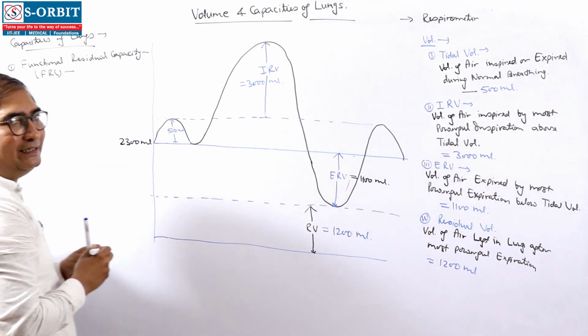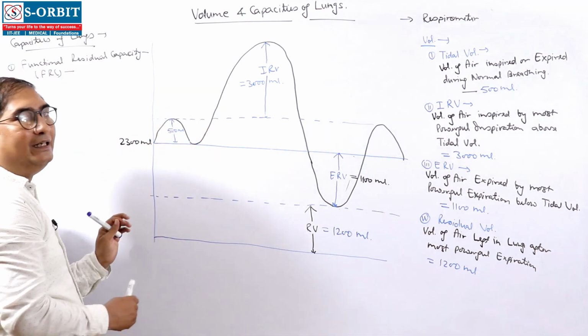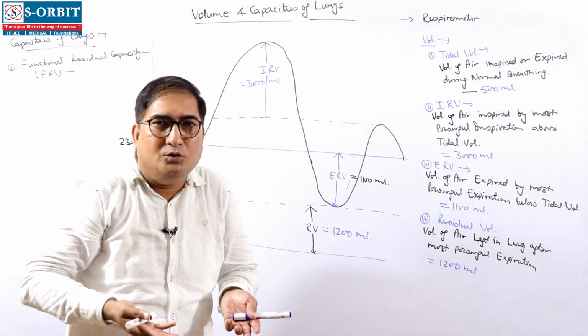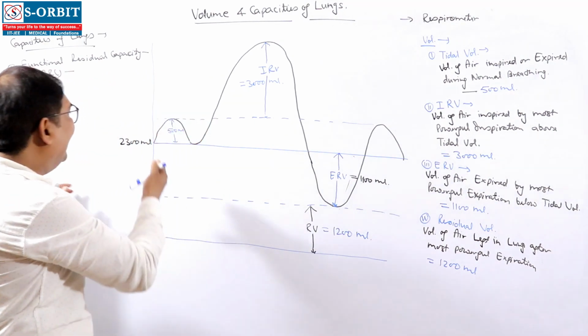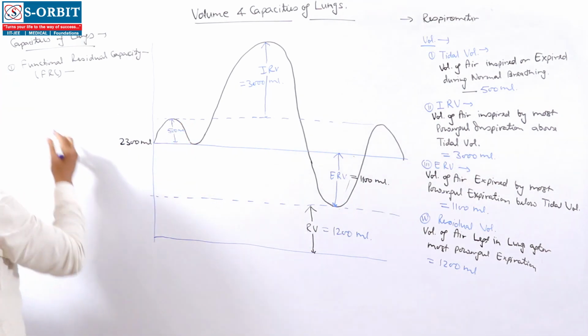Functional residual capacity is the volume of air that is left in our lungs after normal expiration. So it comes to be this 2300 ml.